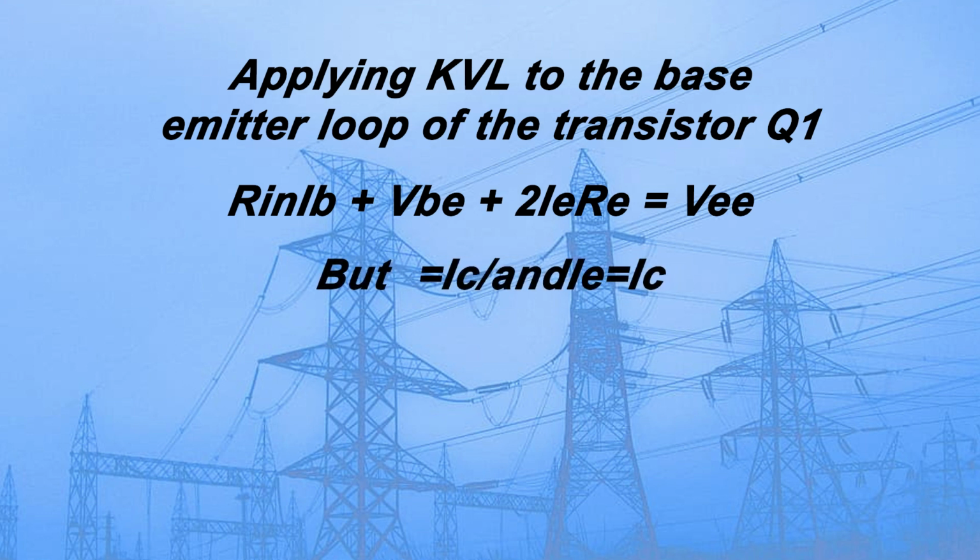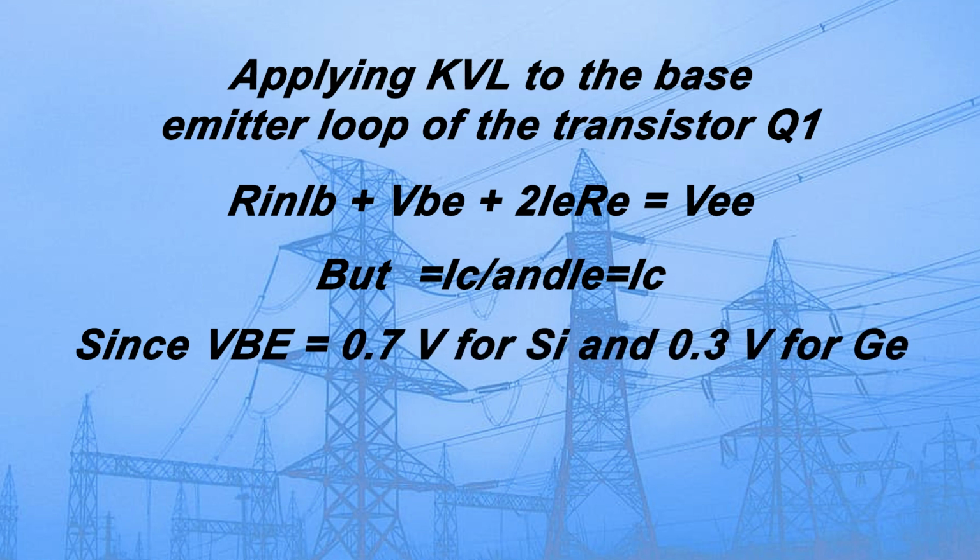But IB is the ratio of IC upon beta DC, and IE is approximately equal to IC. VBE is 0.7 V for silicon and 0.3 V for germanium. Generally, R input is equal to 2R, because beta DC is very high.